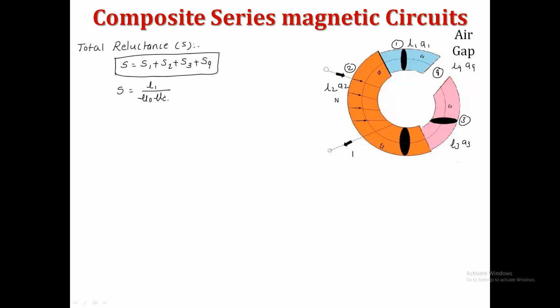Mu r depends upon material, so I can write mu r1 into A1 plus L2 upon mu 0 mu r2 A2 plus L3 upon mu 0 mu r3 into A3 plus Lg upon mu 0 AG. आता इथं म्यू आर जी का लिहिलं नाही हो मी? एअर गॅप आहे ना. मग काय झालं त्याची रिलेटिव्ह परमिएबिलिटी?